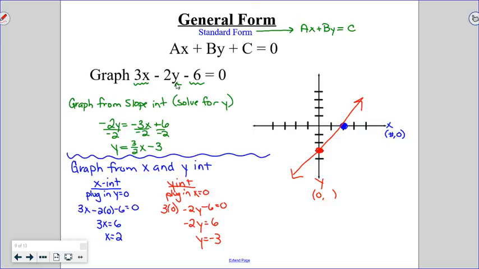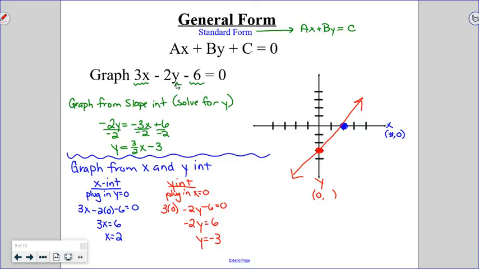Any questions on that? Now, there's not necessarily a right or wrong way to graph that. Sometimes you'll be asked specifically to do one or the other. So just remember that there are multiple options when graphing from general form. Hopefully today was a lot of review stuff you remember. It's been a while, I know, but hopefully bringing that back into our brains here.